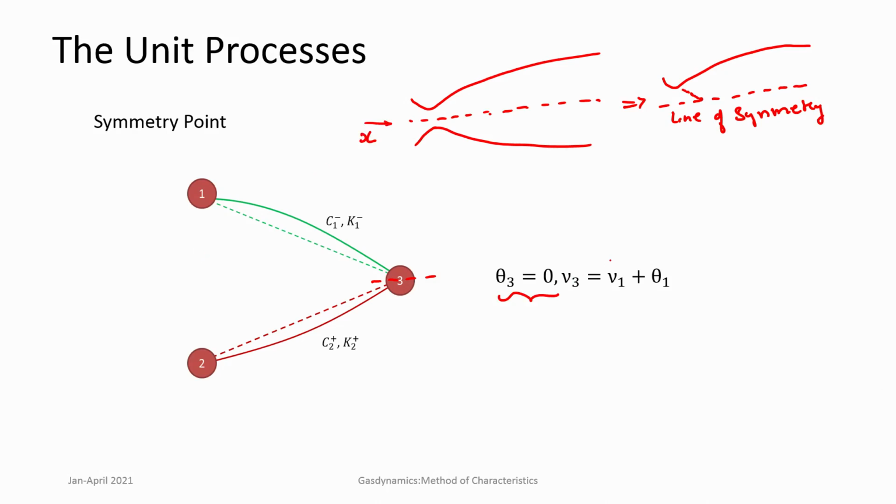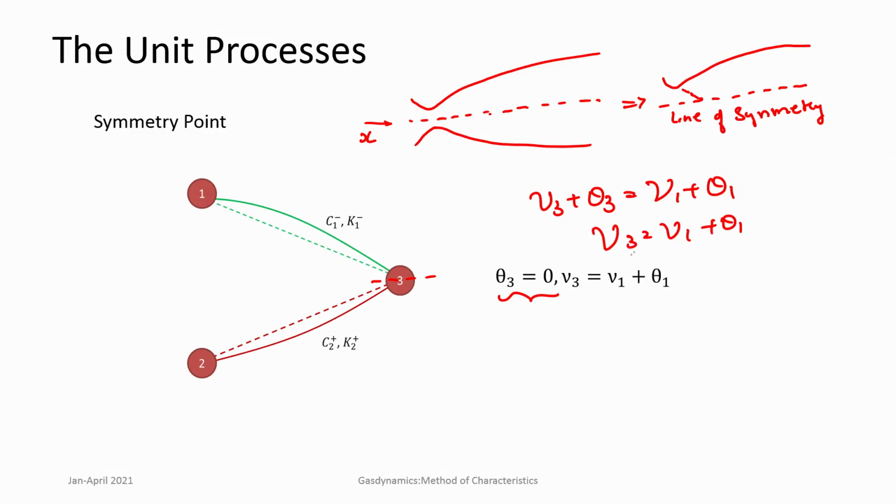You can apply this. If you take the C minus characteristic which is coming over here, then you know that along the C minus characteristic nu 3 plus theta 3 is equal to nu 1 plus theta 1, but theta 3 is 0. So, nu 3 is equal to nu 1 plus theta 1.